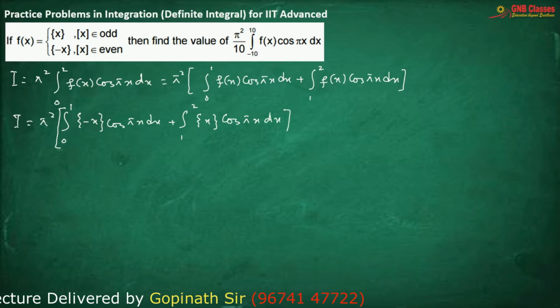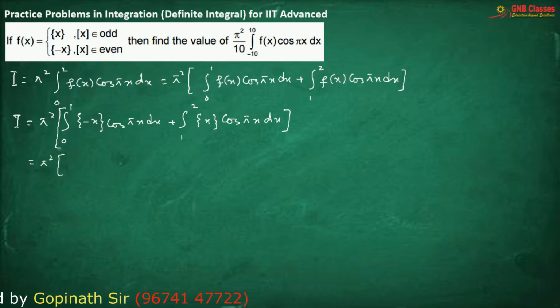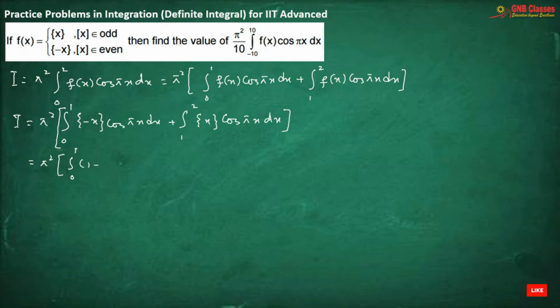Is it clear? When x lies between 0 and 1, the fractional part of minus x can be written as only 1 minus x, right? Plus, when x lies between 1 and 2, the fractional part of x can be written as x minus 1. These are all basic function concepts.